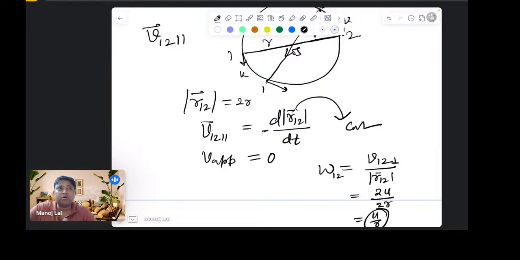Because in polar coordinates, if r is also changing, then the acceleration of the particle is not simply minus omega square r vector plus alpha cross r. It is not like that. It is different. So that I will take in separate lectures, in which r is changing and theta is also changing, right?